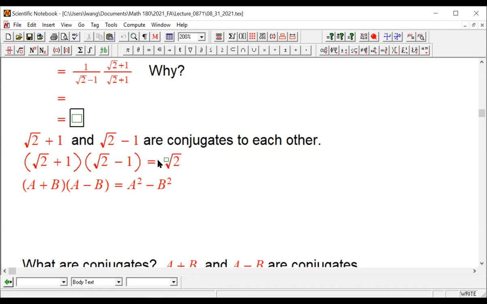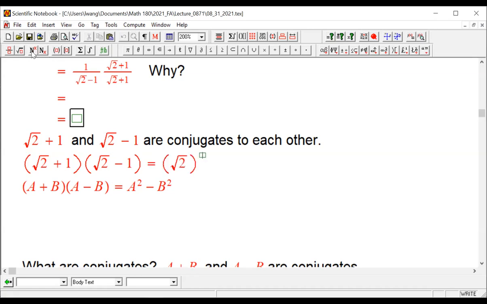So we will turn this into the square root of 2 squared minus 1 squared. As a result, the square root of 2 squared is going to be 2. 2 minus 1 is going to be 1. You guys follow me? Yeah. That's actually pretty cool. It's easier.